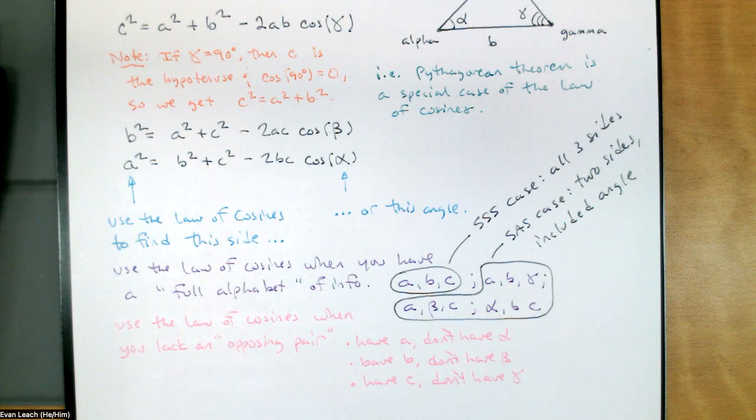Now, these are the 3 different ways that I think about using the law of cosines. It boils down to this. Use the law of cosines if you have to.